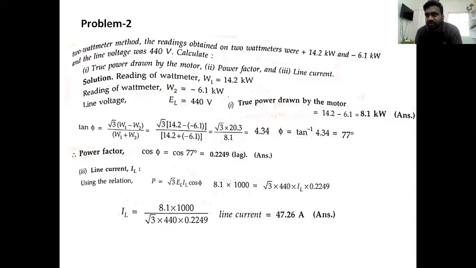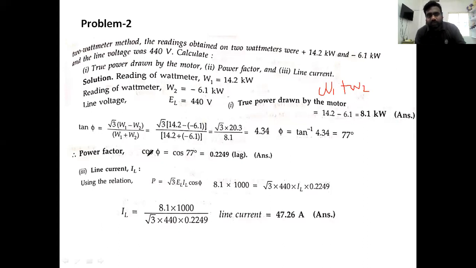If it is a 2 wattmeter method, W1 plus W2. If it is a 3 wattmeter method, W1 plus W2 plus W3. In general, summation of n wattmeters, W1 plus W2 plus so on up to Wn.